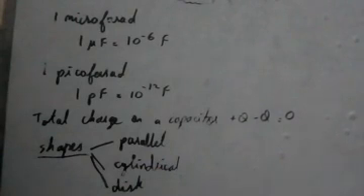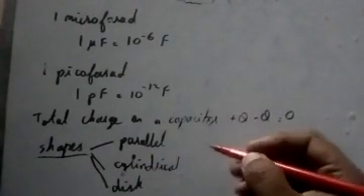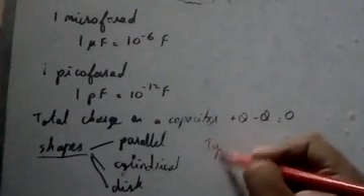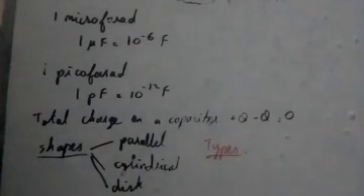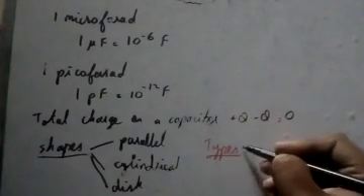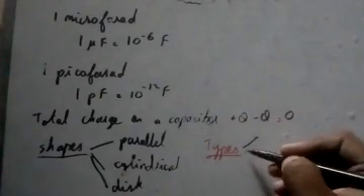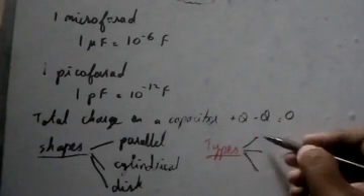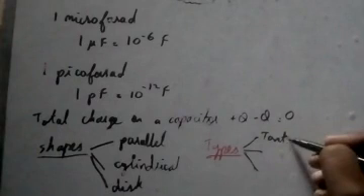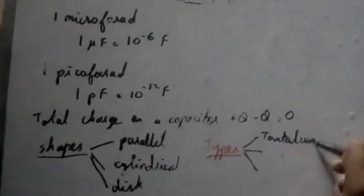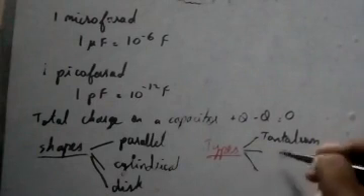Next we'll see the types. Depending on the dielectric medium, we have different types of capacitors. There are three types. The first type that we see is tantalum capacitors.